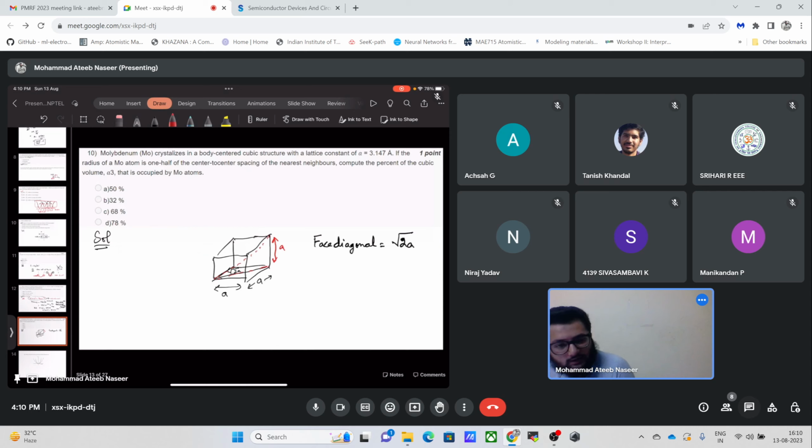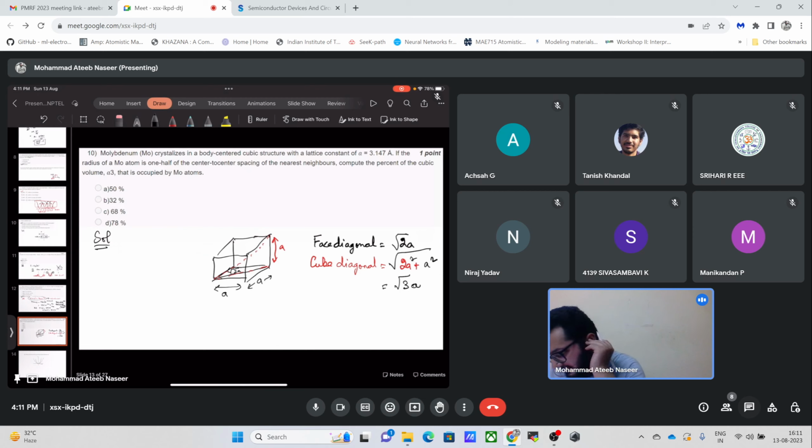So this cube diagonal will be the square root of (root 2a) squared plus a squared. Wait a second, this a is not under this root; this is root 2a. So this will be 2a squared plus a squared, and it would be simply root 3a. Let's write it down clearly so that it doesn't look like it's under this square root. So it is root 3a.